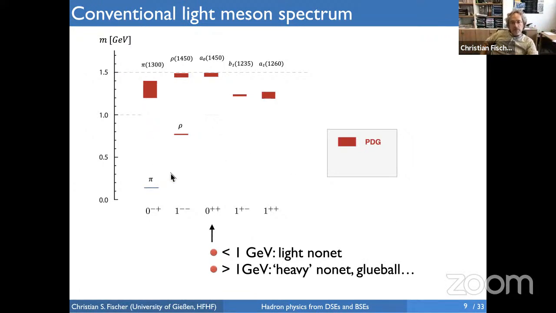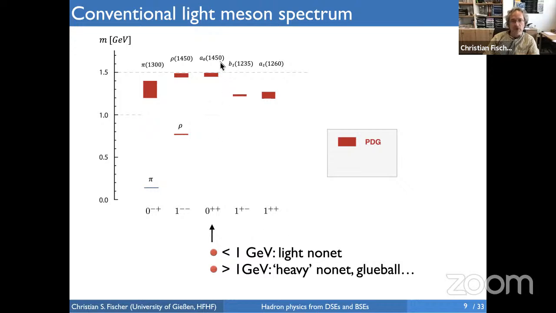These are some states extracted from the PDG. Actually, I extracted in each of the channels, pseudoscalar, vector, scalar, axial vectors, just some sample states. And to me, the most interesting channel is actually the scalar channel. It is interesting because below 1 GeV, we actually find a light nonet in the PDG, which I did not put into this diagram for reasons I will explain in a second.